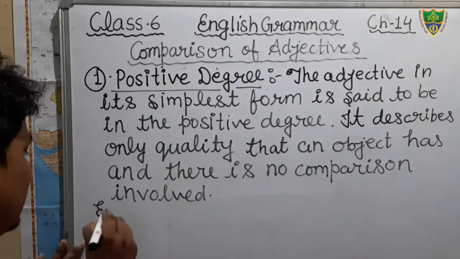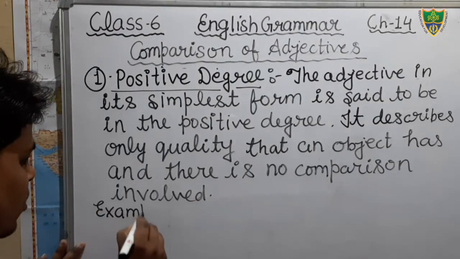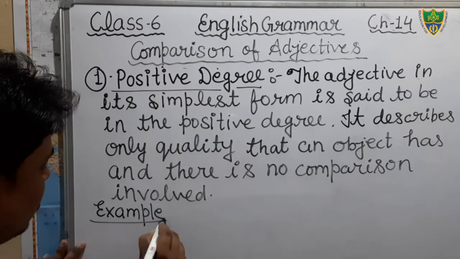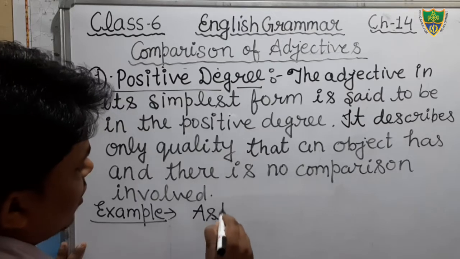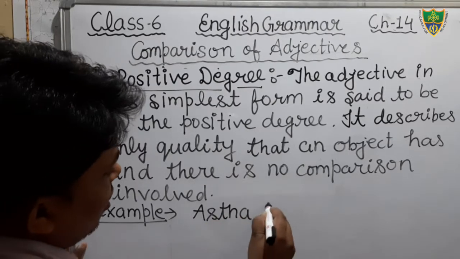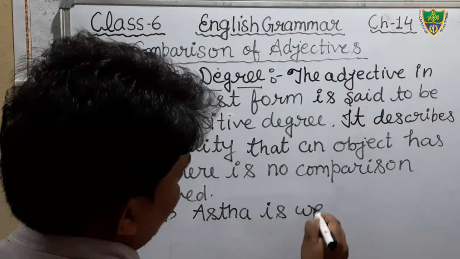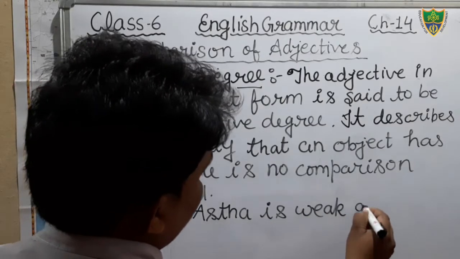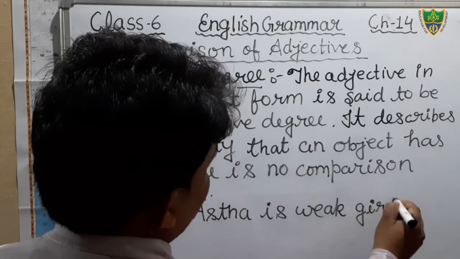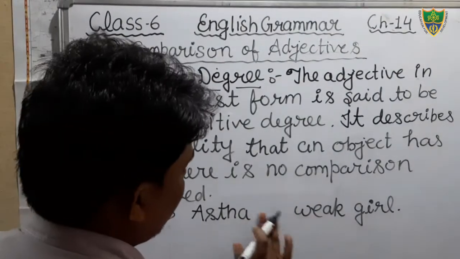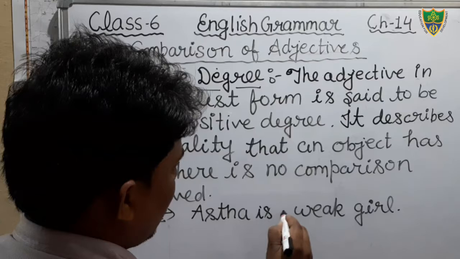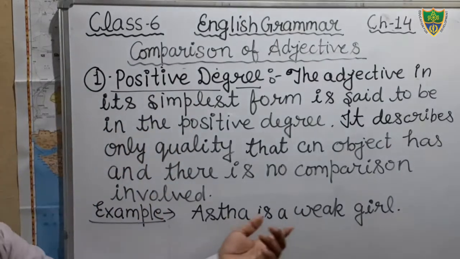For example, you may also write: Astha is a weak girl. Just see, students, Astha is a weak girl.